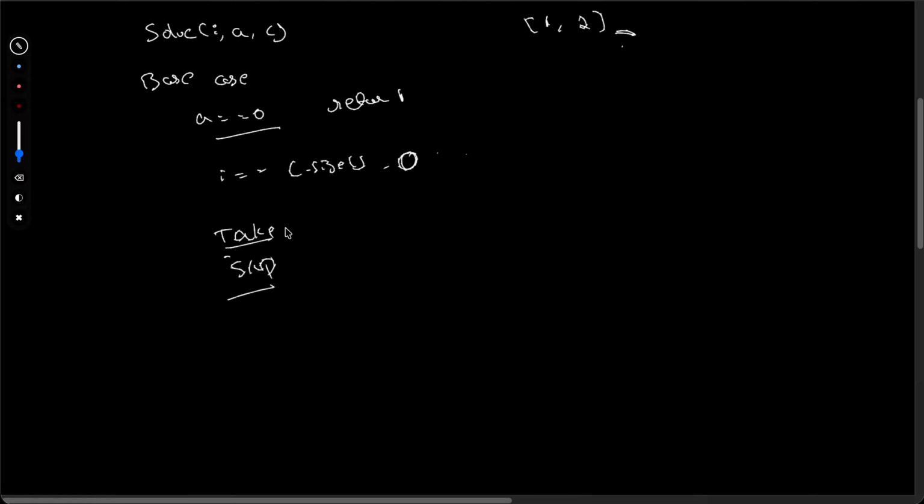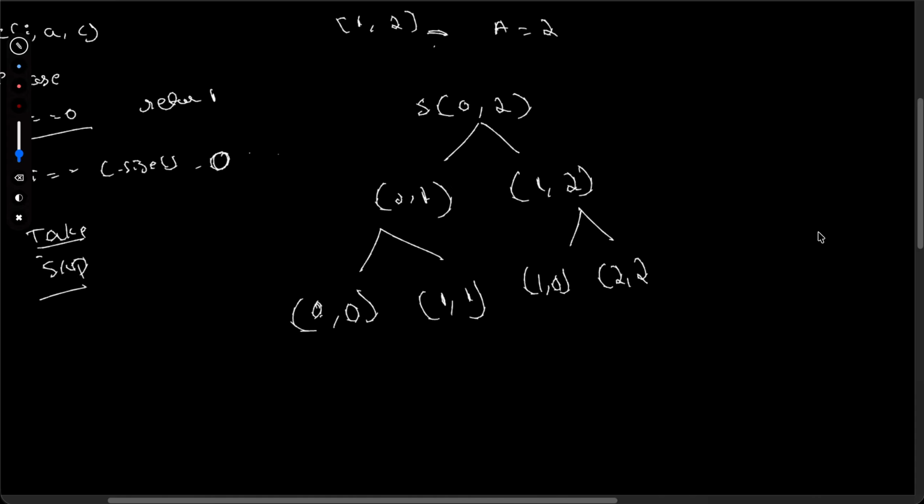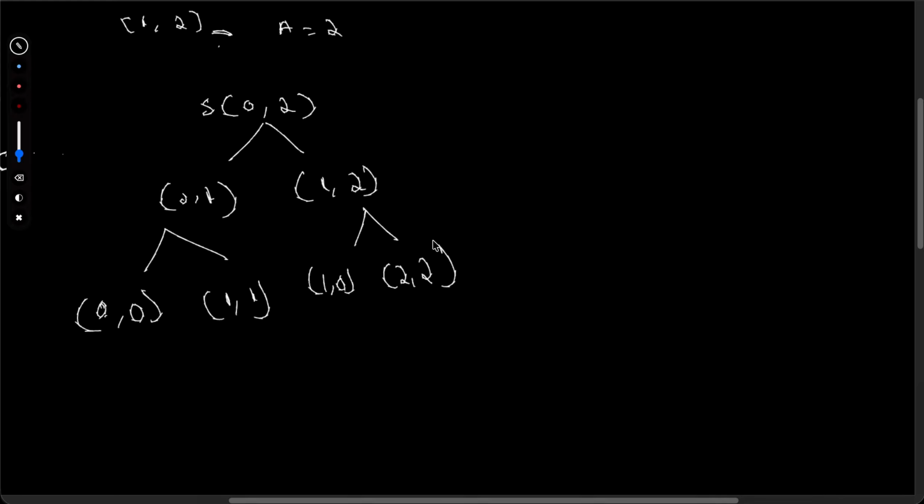So see, let's take a small example: coins 1 2 and the amount is 2. So solve of 0 comma 2, here we have 2 options, take: 0 comma 2 minus 1 gives 1, or skip: 1 comma 2. Let me explain.